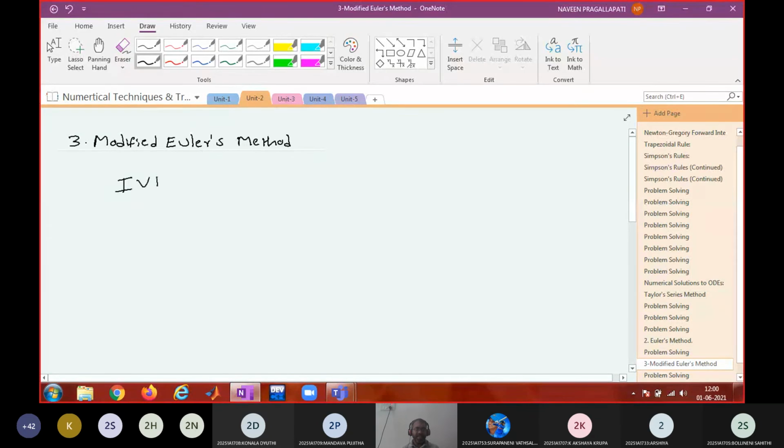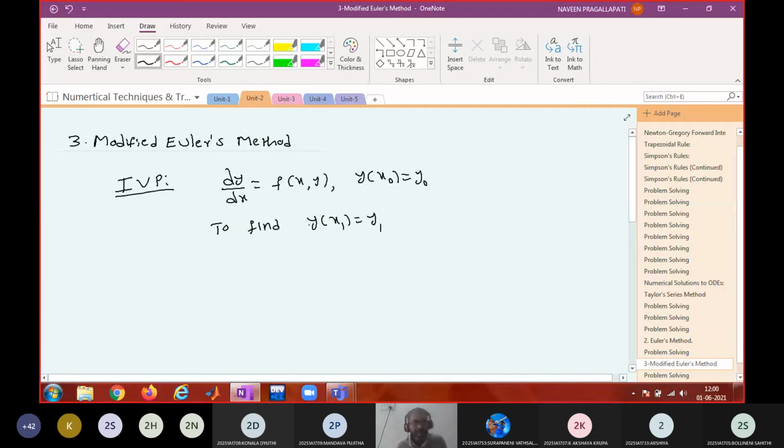The problem is the same. You will be given an initial value problem, dy by dx equals f of x comma y, with the initial condition y of x0 equal to y0, to find y of x1 equals y1.